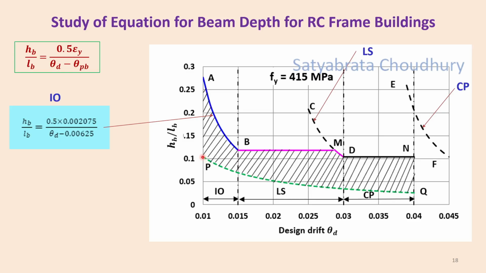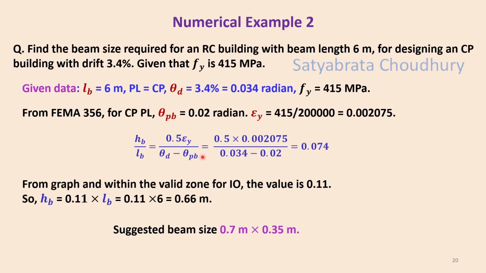You can take 0.11. So that is what we have taken, 0.11. So HB equals 0.11 into LB, which comes to 0.66 meter. By rounding it, we have taken a size of 0.7 meter, and 50% of the depth we have taken as the width, 0.35 meter. So this is the suggested beam size which will give you a CP building.